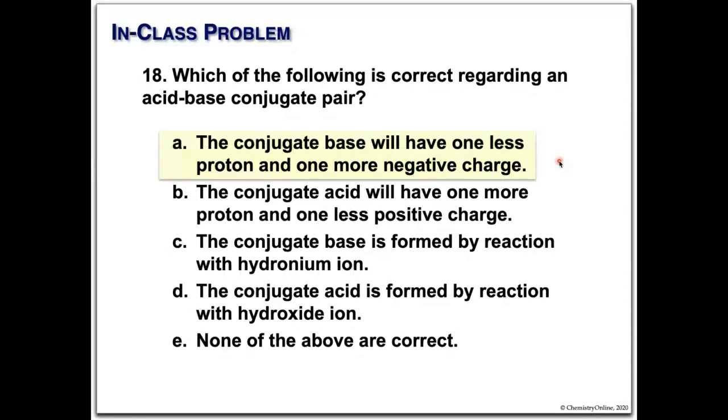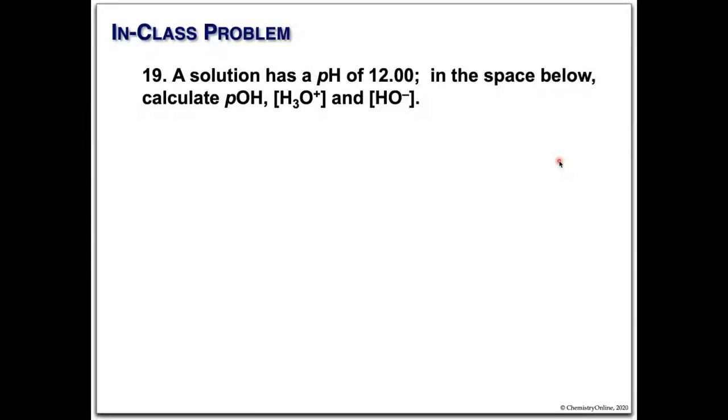Number 19. Now, obviously, online, this is going to look a little different. I actually don't remember the format of the question, to be honest. If you have to enter things with exponentials, please make sure to read the question carefully.